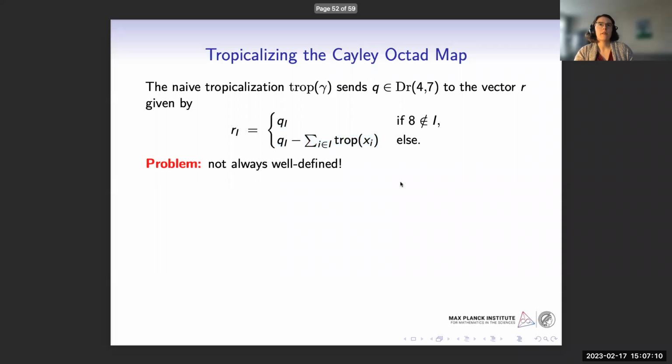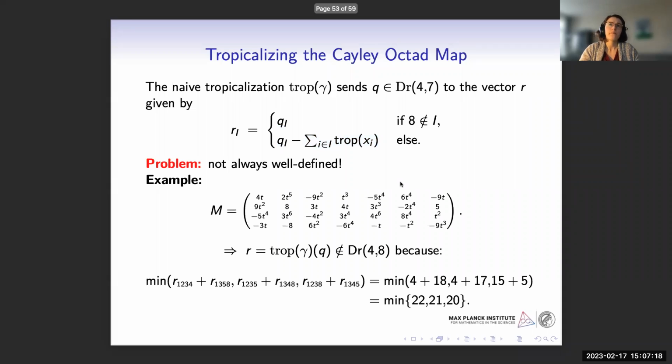But it turns out there is a problem with this naive tropicalization, because this is in general not going to be well defined. How does this happen? We pick a 4x7 matrix, compute the point of the tropical Grassmannian, and plug it into this naive tropicalization.